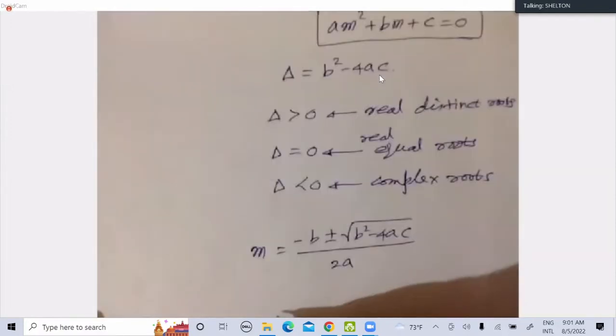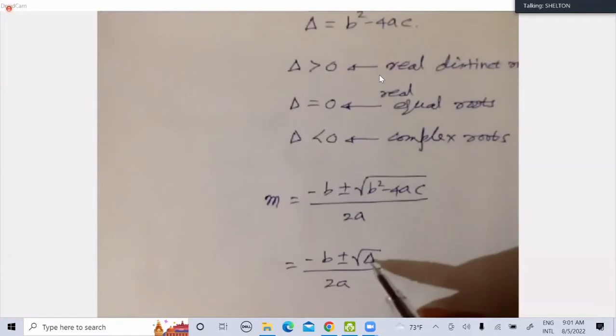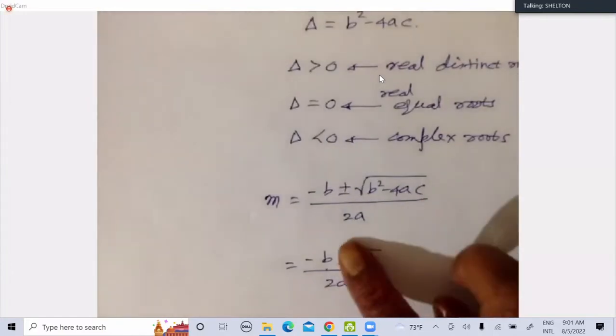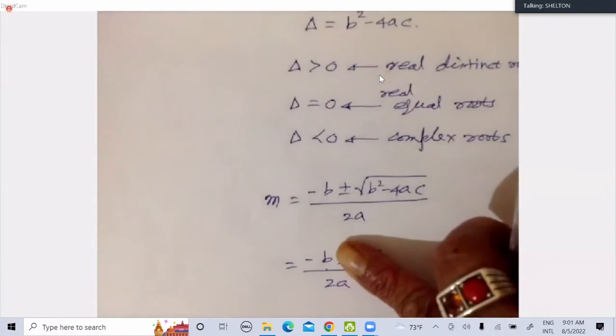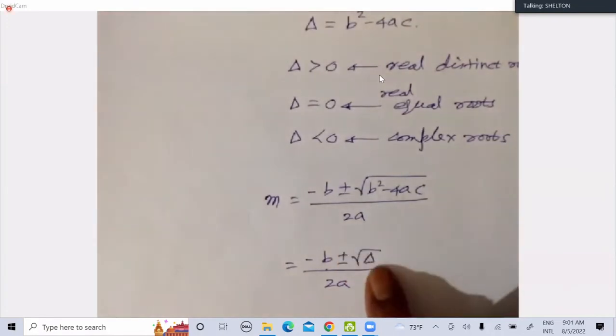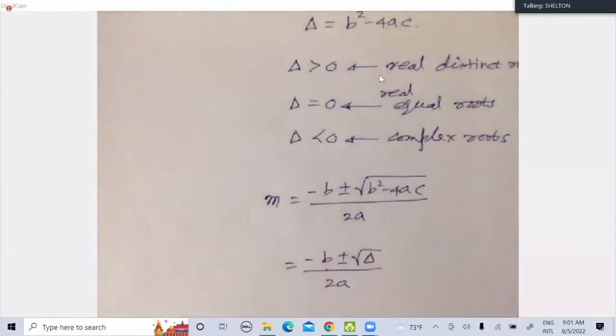You can think of this as minus b plus or minus square root of delta, the discriminant, over 2a. The three cases come from this. If delta is positive, two distinct roots are there. If delta is equal to 0, it's only one root, since plus or minus disappears. If delta is negative, we get a negative number inside the square root, so we get two complex roots.